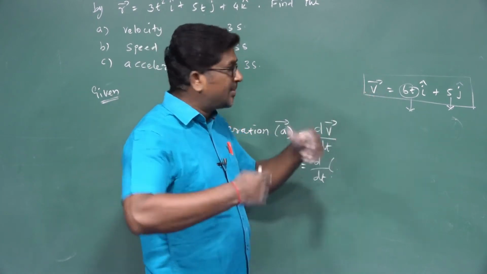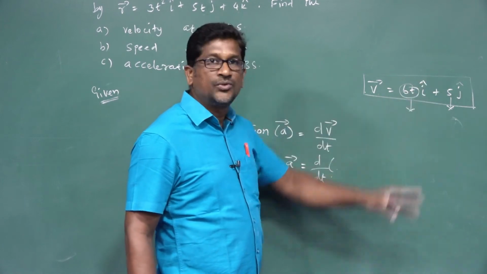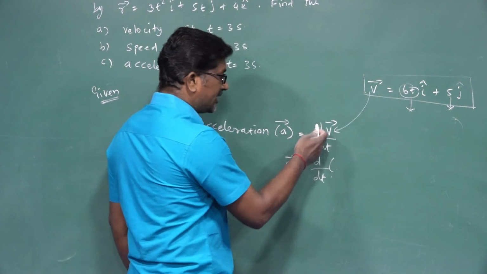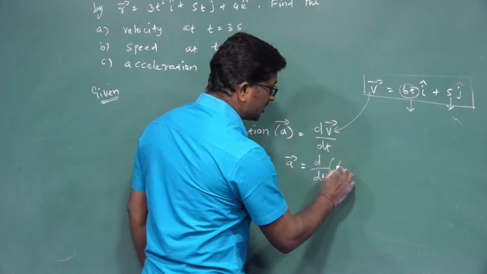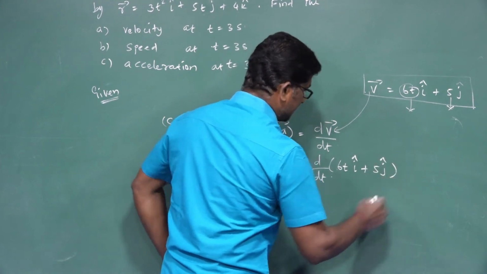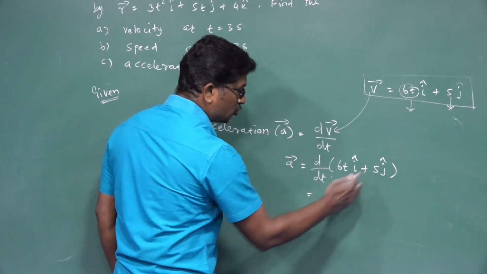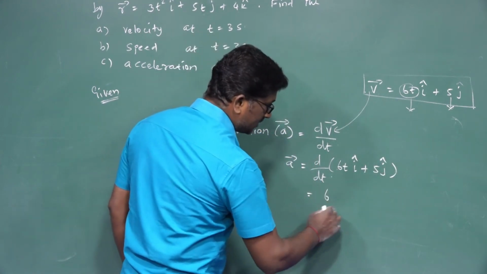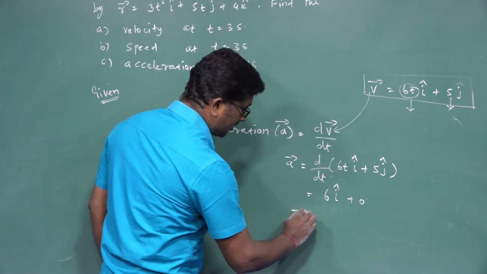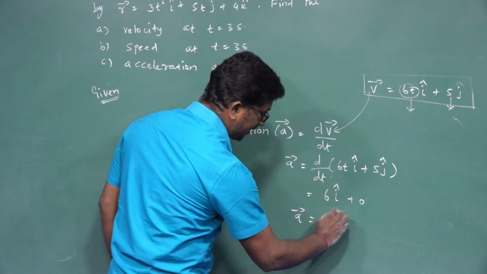The velocity obtained is 60 i cap plus 5 j cap. So substitute the v vector value here, then d divided by dt of v vector is equal to 60 i cap plus 5 j cap. Differentiating these two terms, we get 6 i cap plus 0, so a vector is equal to 6 i cap.